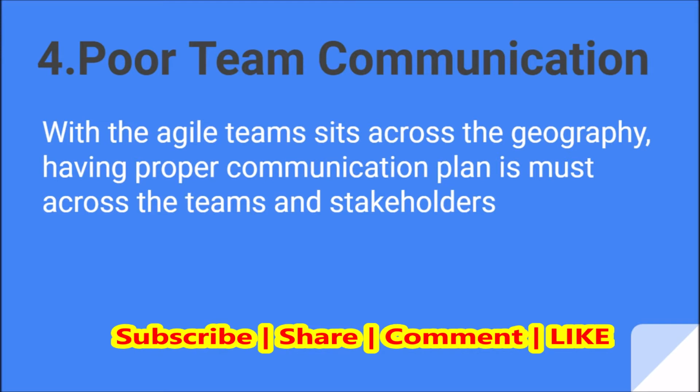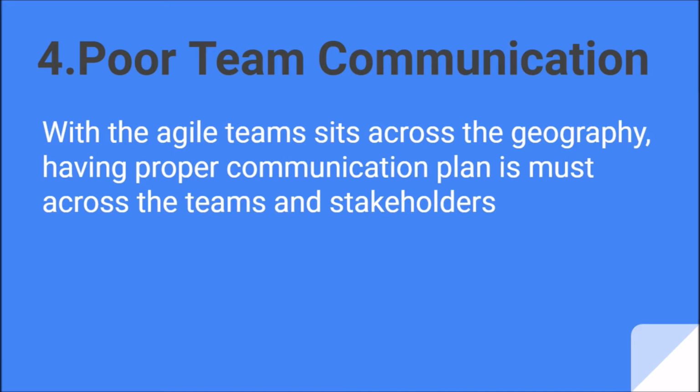You should write a charter with a detailed communication plan, share it with everybody, collect their feedback, and make it a charter for everybody to follow. In that way, communication will improve across teams and stakeholders. If you do not bring the right communication plan, then your complete agile model is going to fail.